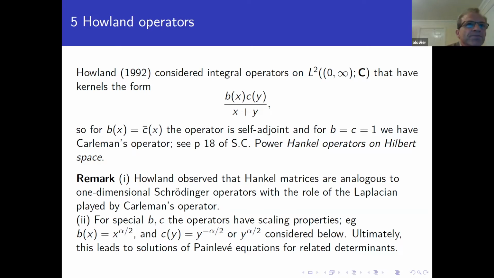Now, in Power's book, Hankel Operators on Hilbert Space, there are various exercises in which the reader is invited to transform the Carleman operator into numerous matrices and operators that are all unitarily equivalent to the Carleman operator, but don't look anything remotely like it.